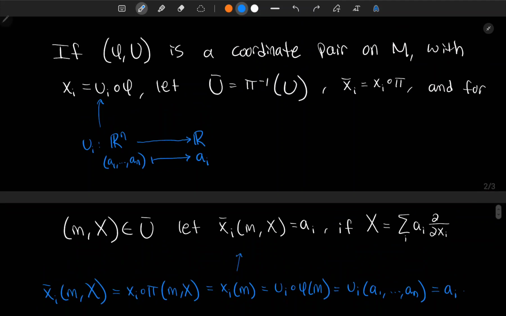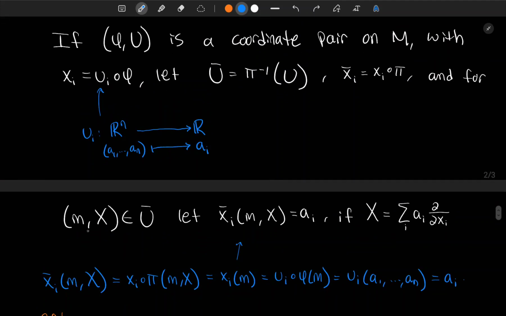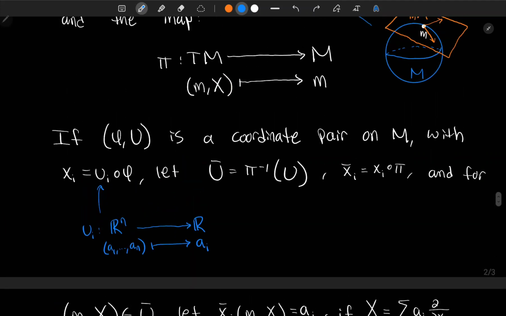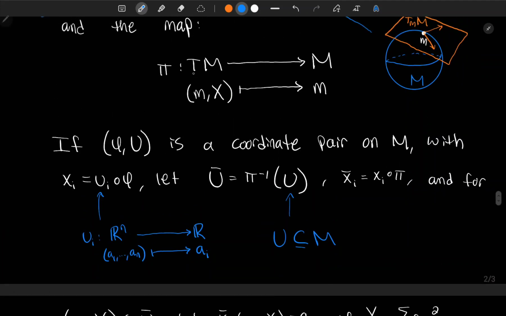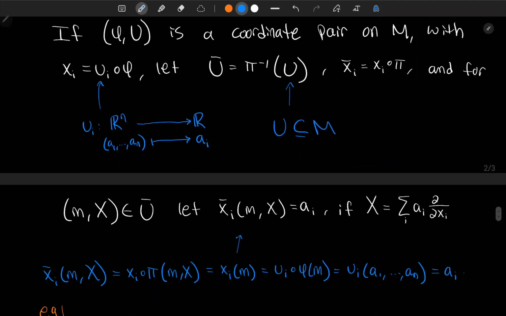And for some element (m, X) in U bar, because we know U here is a subset of M, if we take the pre-image of U with respect to the map pi, we should get a set of elements in the tangent bundle TM.